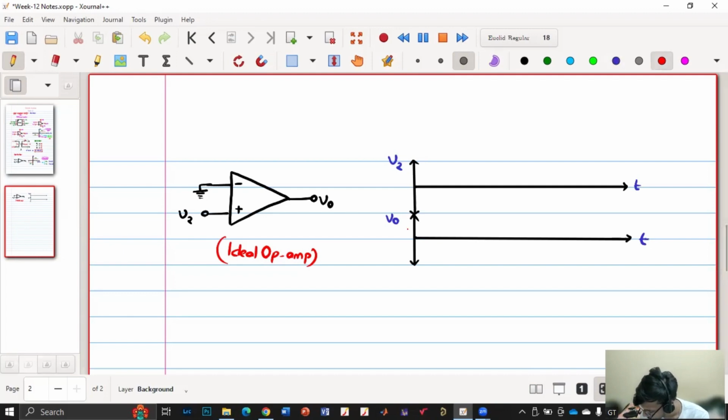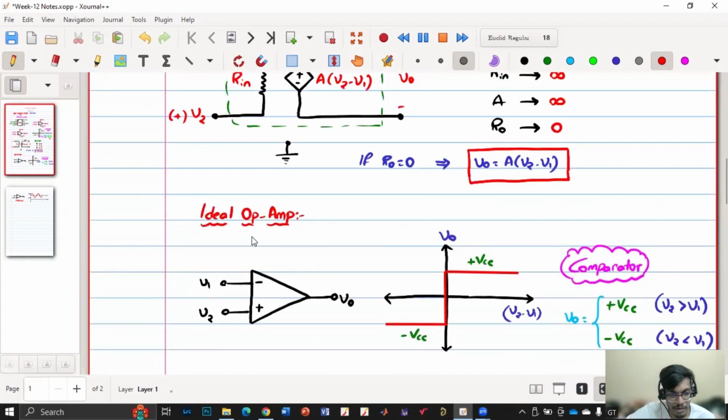So this is my time period. This is the half time period, and this is also the half time period. Say I have considered one sine wave like this. Now what is my V0?